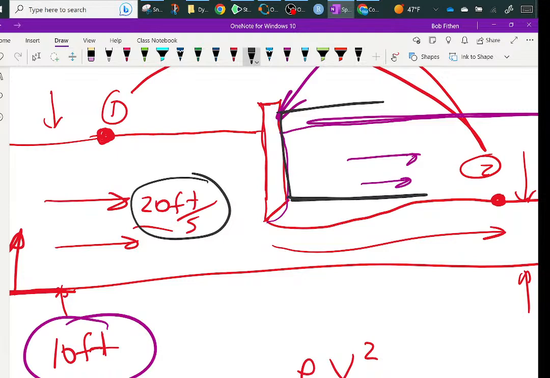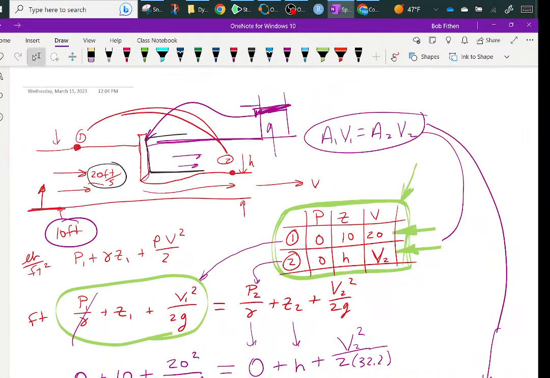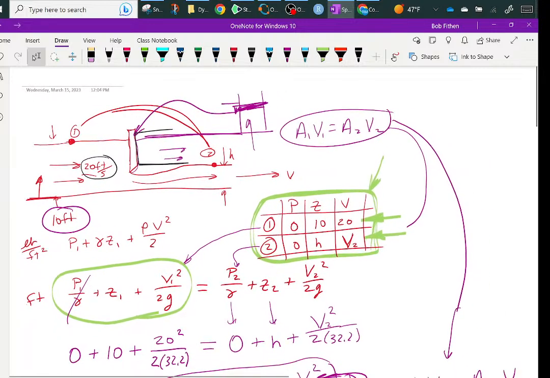This is weird because there are three things that have to be satisfied. The other is momentum. So this could happen, but for it to happen, there has to be a lot of momentum resisting this. In other words, there's going to be a lot of force on this thing.